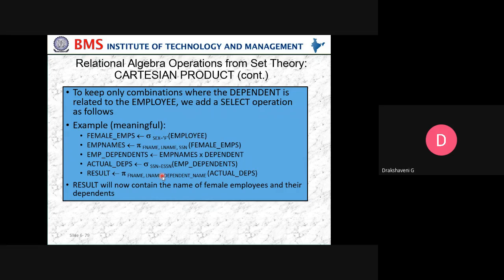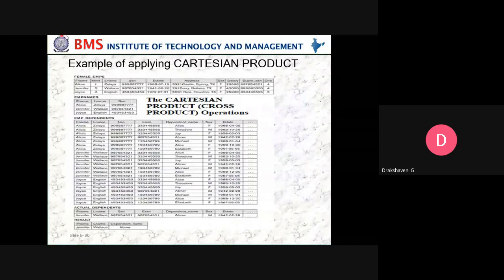Then the result is a project of first name, last name, dependent name from actual dependents. The result will now contain the names of the female employees and their dependents. This is an example of applying a Cartesian product.